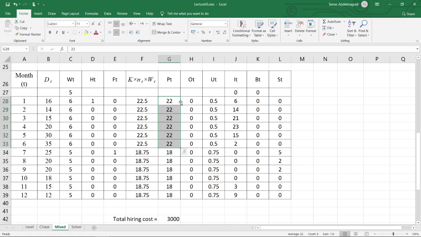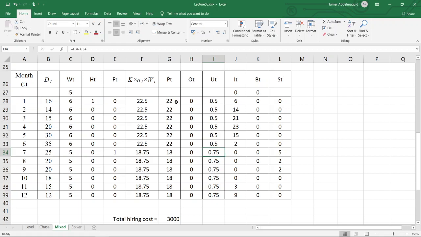Of course, you can have it 22.5, that's fine, but I decided to have it 22. If I do that, then I will have a minor undertime of 0.5. And of course, I will have excess inventory that is going to be used in the future. Now after the first 6 months, in the 7th month, the production capacity will be less, and the production quantity, I decided to have it 18.